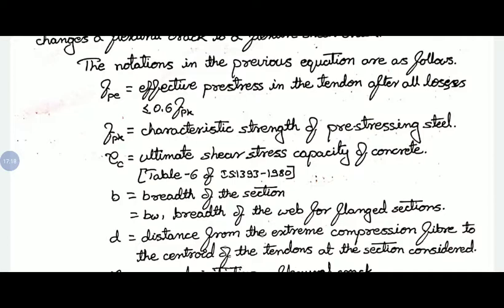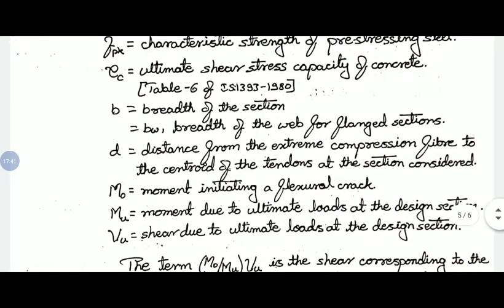Then tau c, ultimate shear stress capacity of concrete, this will be obtained from IS 1343:1980, table number 6. b, breadth of section for rectangle and bw for flanged sections. d, distance from the extreme compression fiber to the centroid of the tendons at the section considered. M0, moment initiating a flexural crack. Mu, moment due to ultimate loads at the design section. Vu, shear due to ultimate loads at the design section.